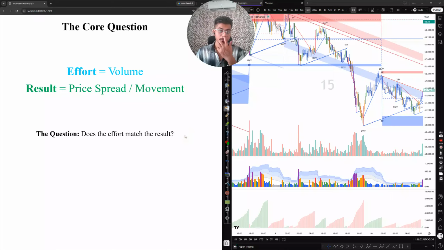If you remember Newton's three laws, we also have Wyckoff's three laws. In Newton's law, the object stays in motion until and unless a force equal to or greater than that is applied to it, then it will stop.